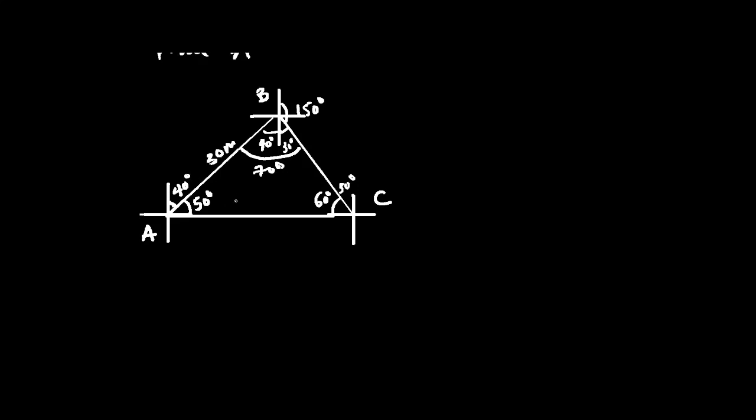Okay, so if that should be the case now, this is point A, point B, and point C. So here is going to be small letter b, here is going to be small letter a, and here is going to be small letter c. So we have triangle ABC.